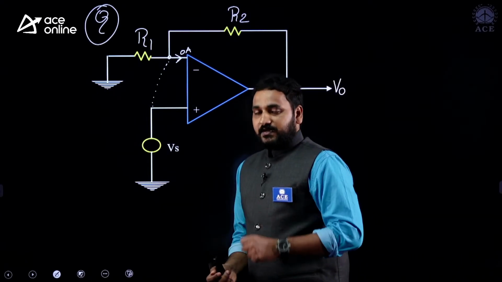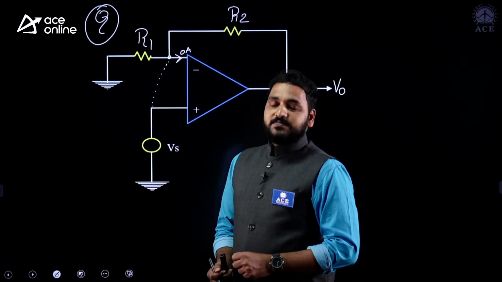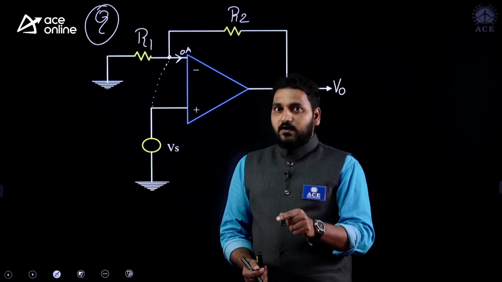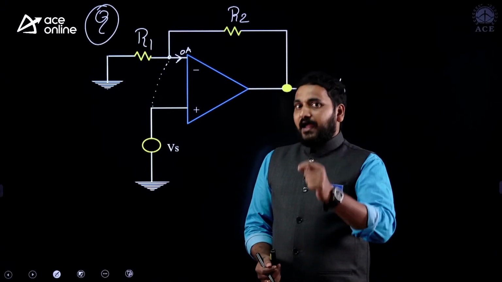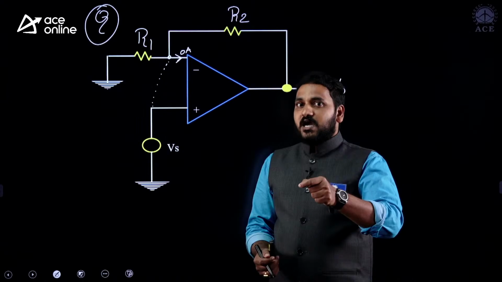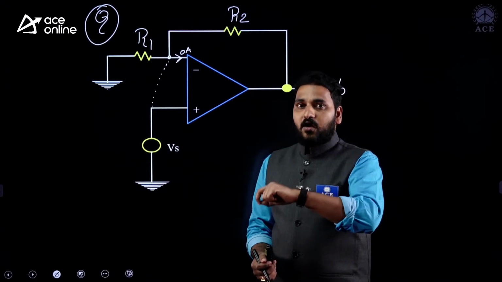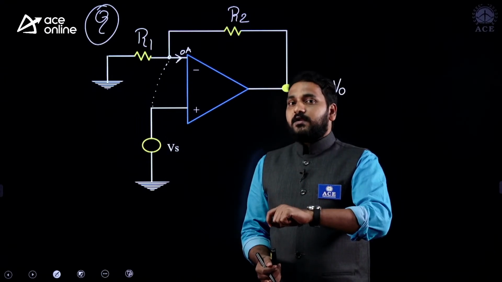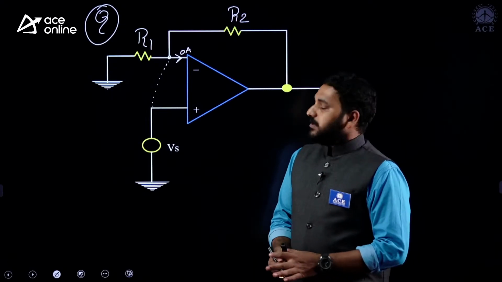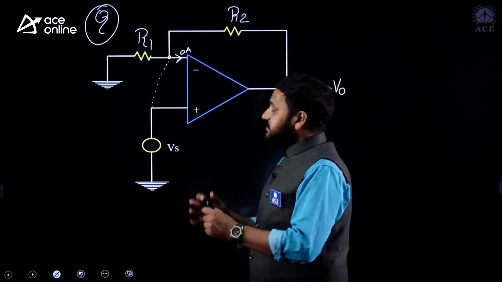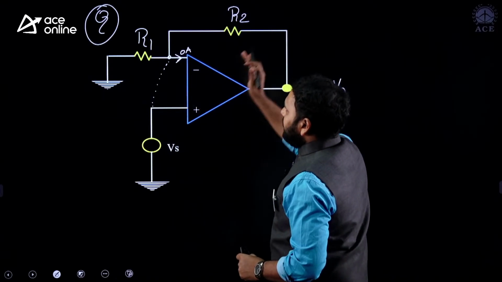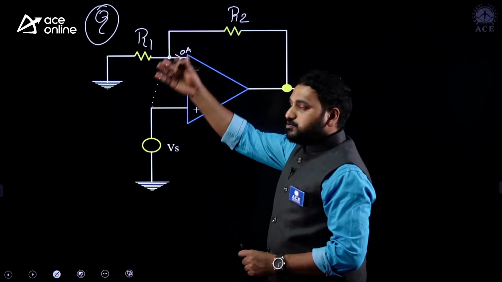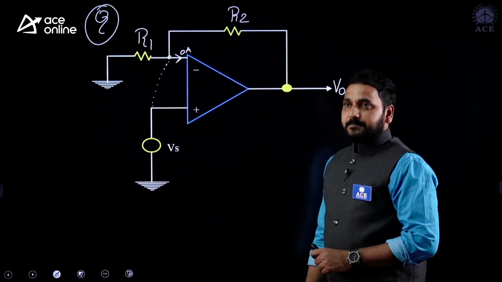It means if you are good in networks, you will get around 10 marks, and you can easily get around 4 to 5 marks from analog with the fundamental knowledge of network theory. Because except the specifications and some related things of op amp, every circuit we are going to solve using network concepts only.